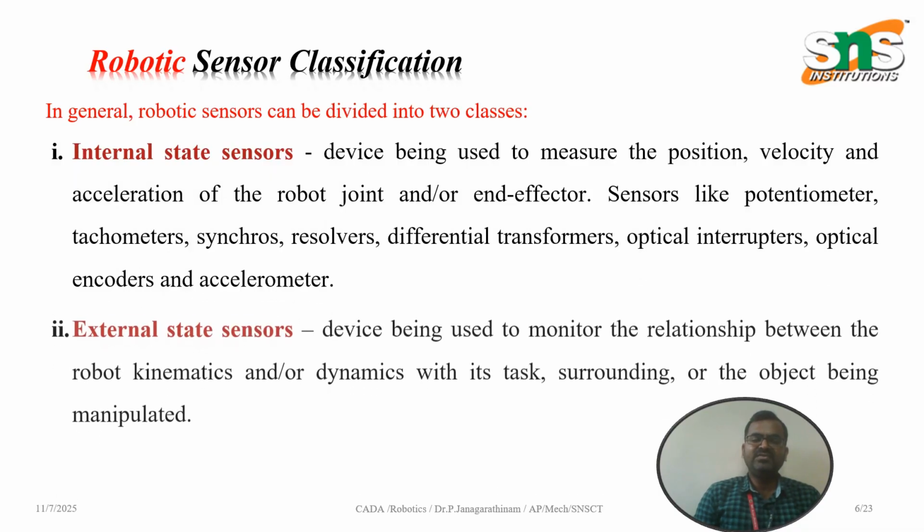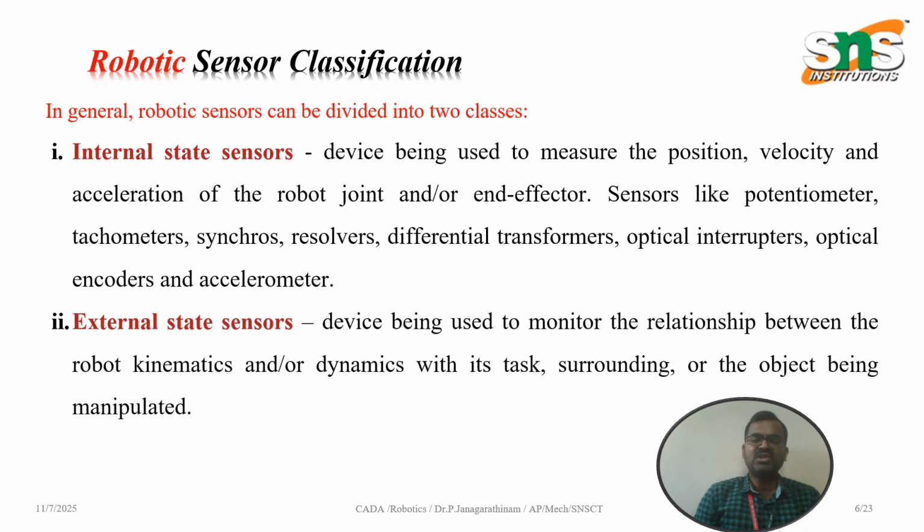We classify it into two kinds: internal state and external state sensors. Internal state sensors include potentiometers, tachometers, resolvers, and differential transformers, used with robotic joints and effectors. External sensors relate to robotic kinematics and dynamics, the surroundings, or the objects being manipulated.